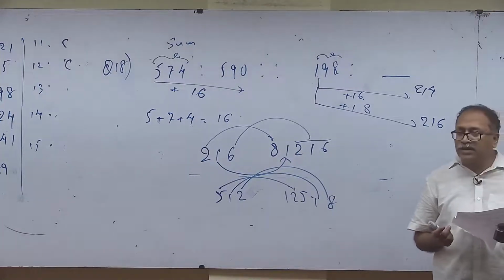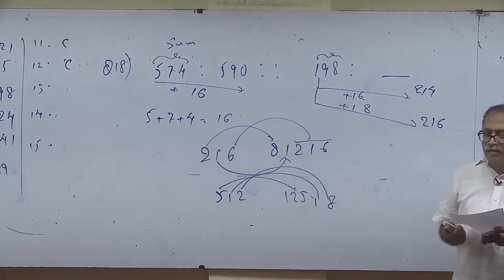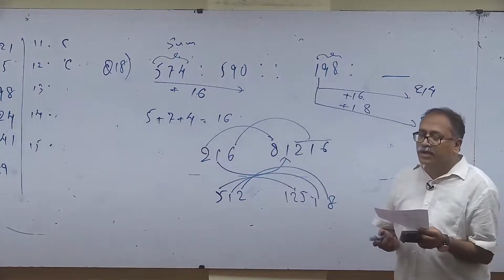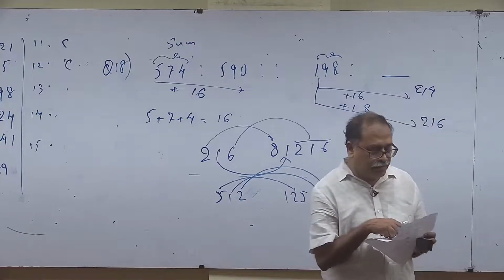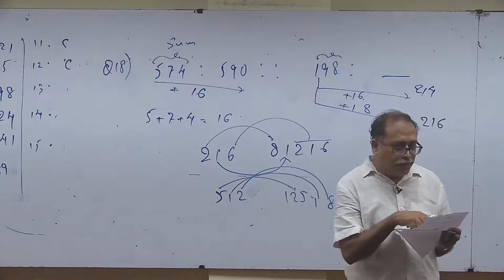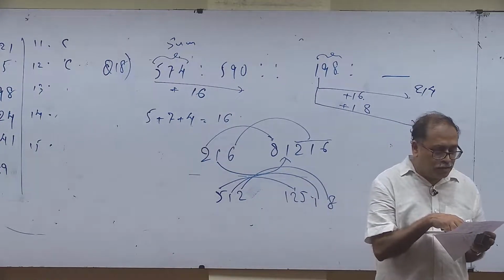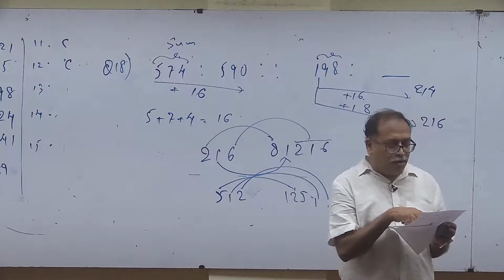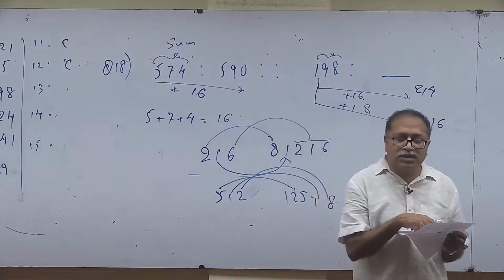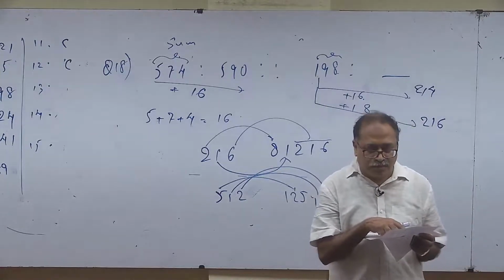Is 2197 a cube? 13 cube. The number before it is 25 square, right? Okay. Now what is the sum of the digits of 625? 13.